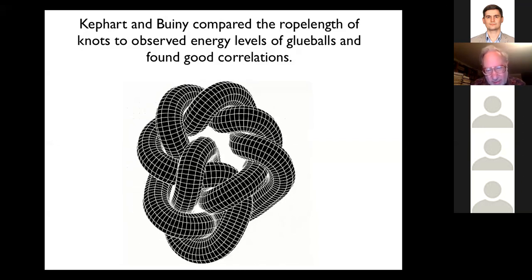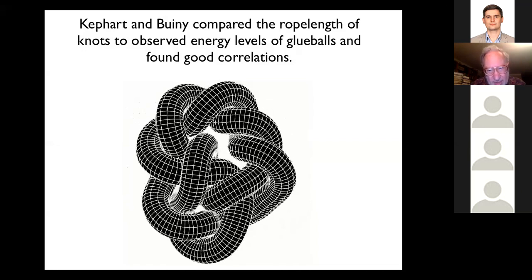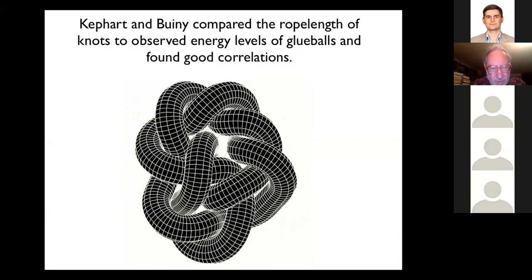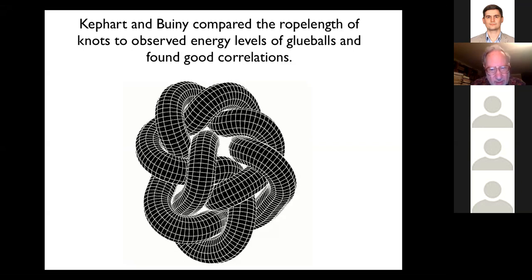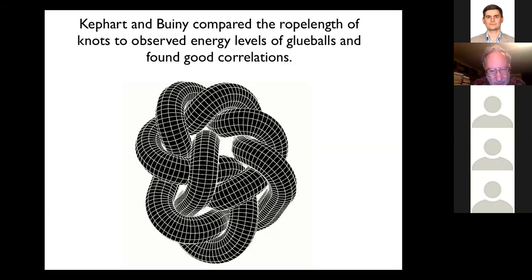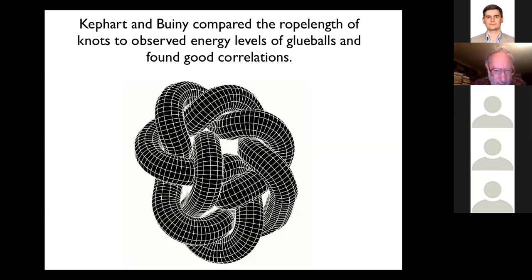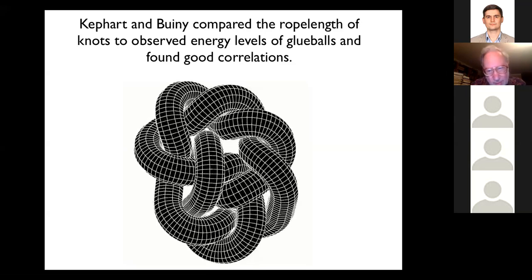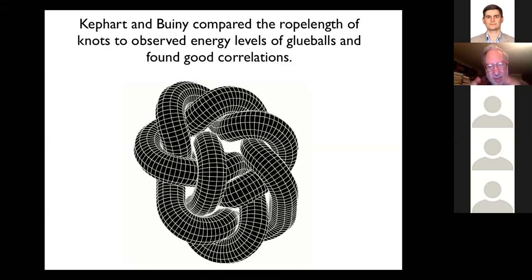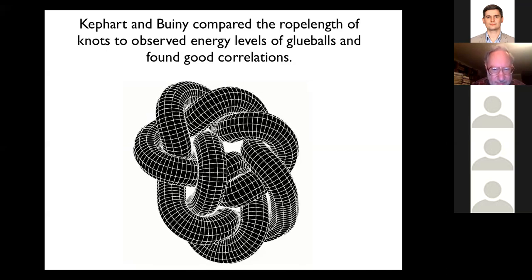You use the computer to get a least model, and you get a number. So each knot has some numbers associated with it, often just one, which represents its kind of geometrical energy level.